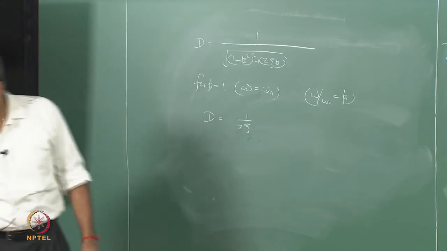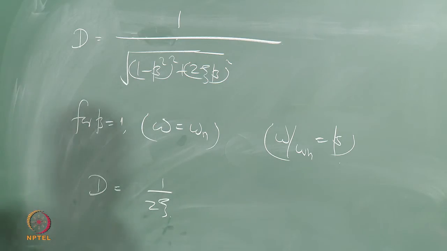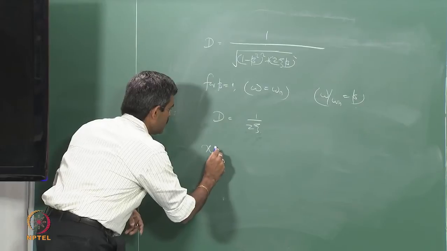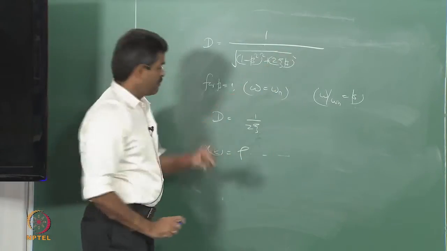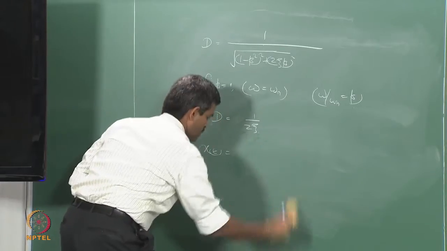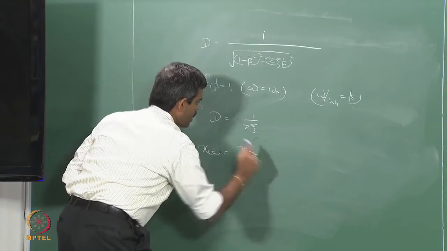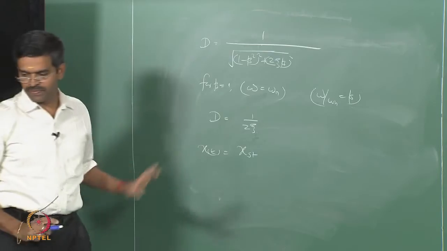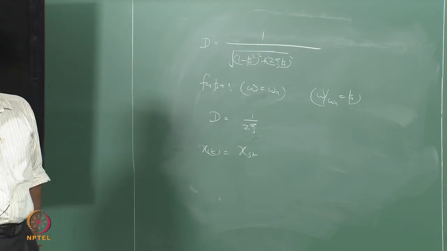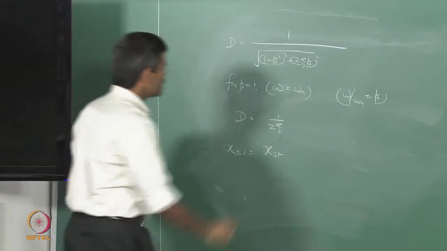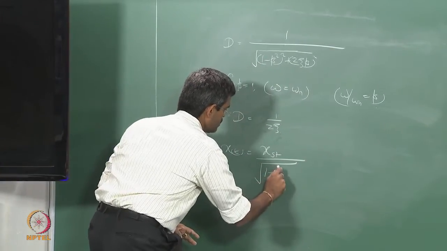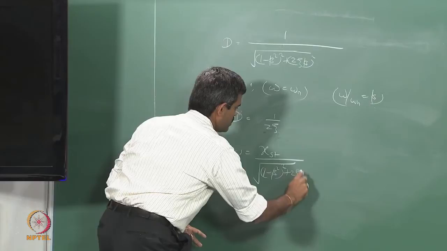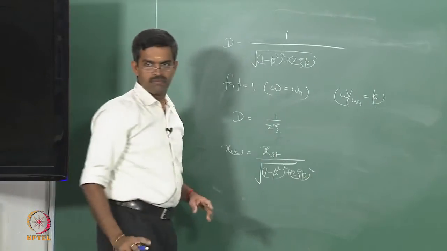Now, I have two equations. One, x of t is rho something which we wrote, where rho has p0 by k, I call that as x static, with some amplification factor which is root of (1 minus beta square) square plus (2 zeta beta) square.